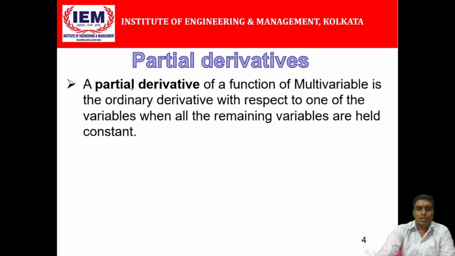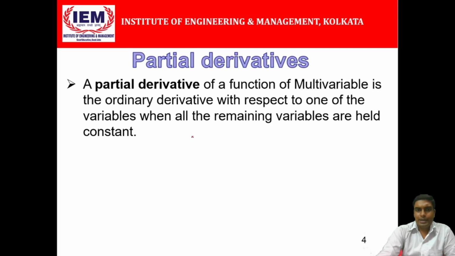Now, how can the partial derivative be termed in the case of multivariable? It is one sort of ordinary differentiation with respect to one of the variables when all the remaining variables are held constant.